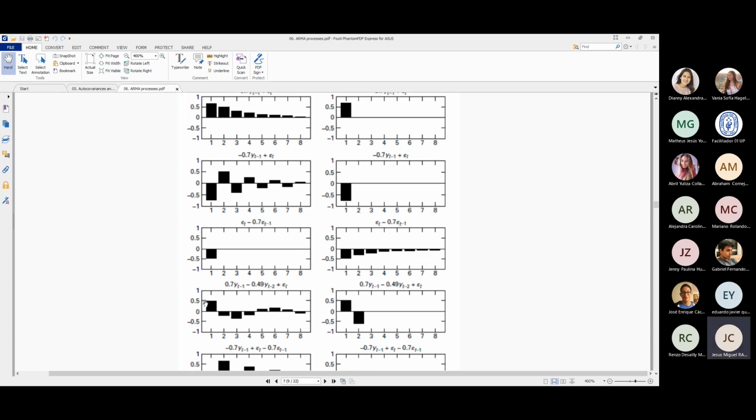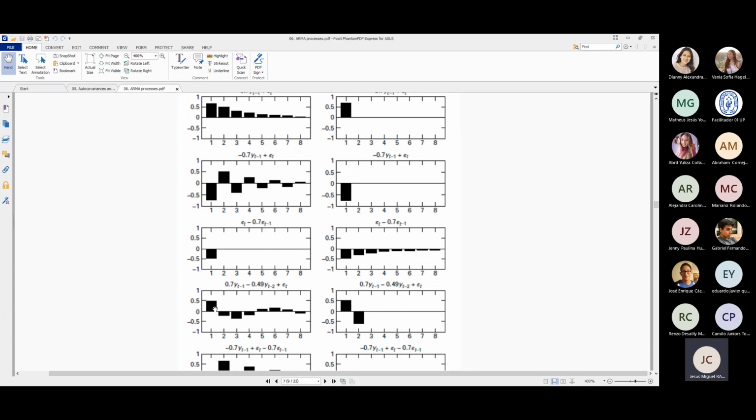And the ACF should decrease because we have a negative coefficient here. It will decrease oscillating. Okay. But the oscillations won't be like this. They take more time to converge, or oscillate. The period of oscillation will be longer.